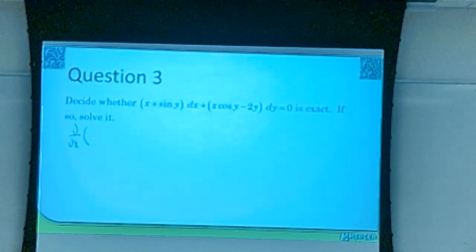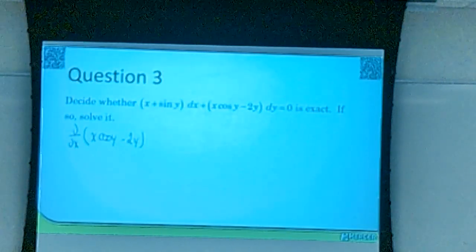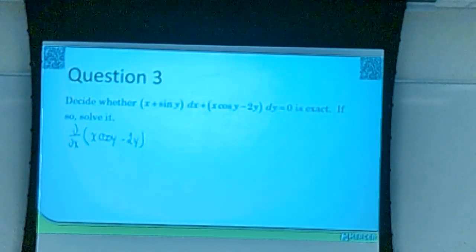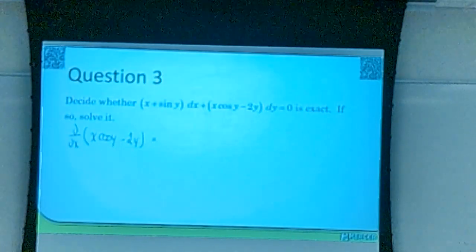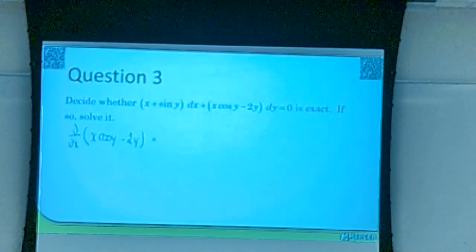Remember, that's why we call it mixed partials. Right, your N was x cosine of y minus 2y. So you take the partial with respect to x of the term attached to the y differential. What is that partial? Just cosine of y.